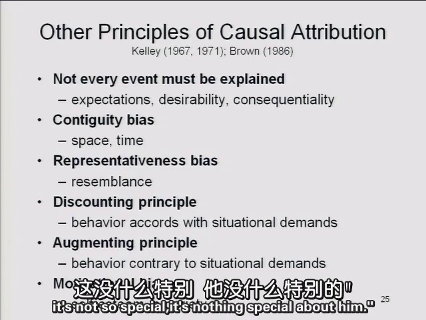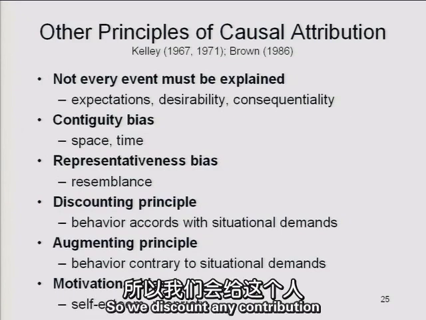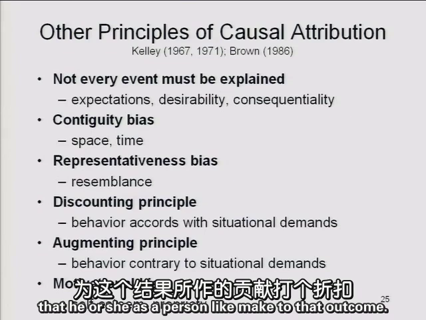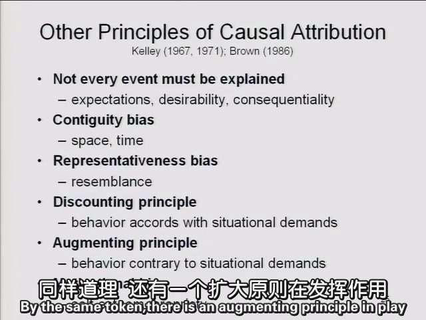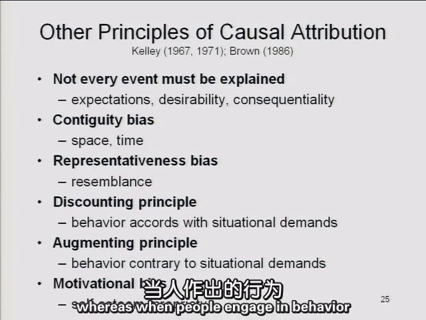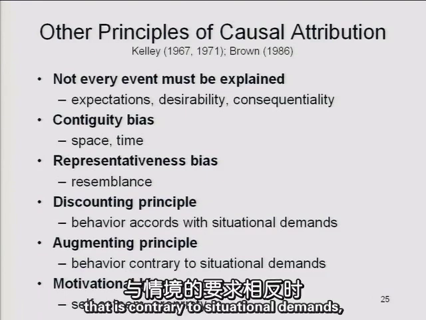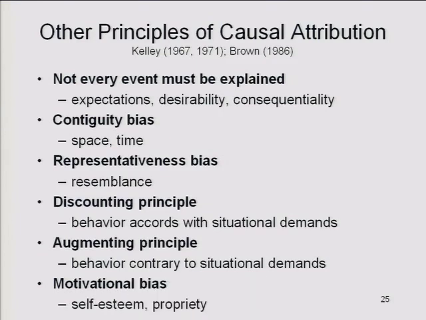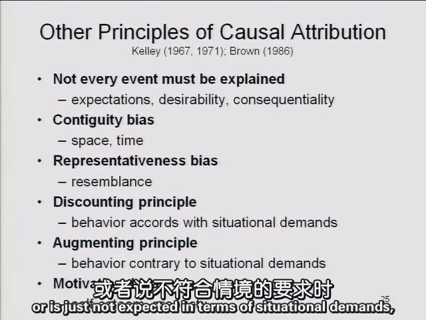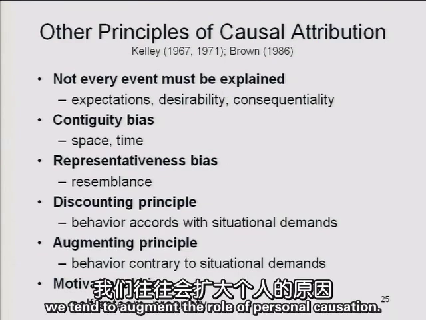It's nothing special about him. So we discount any contribution that he or she as a person might make to that outcome. By the same token, there's an augmenting principle in play, whereby when people engage in behavior that is contrary to situational demands, or is just not expected in terms of situational demands, we tend to augment the role of personal causation.